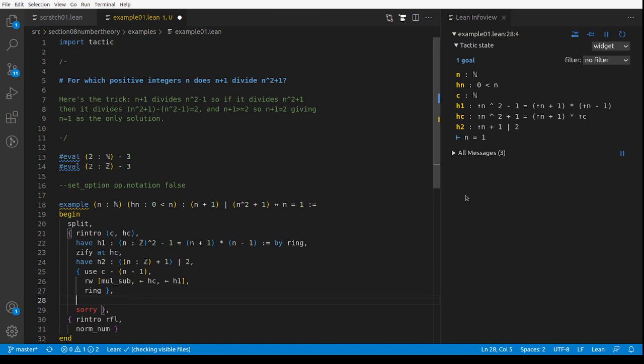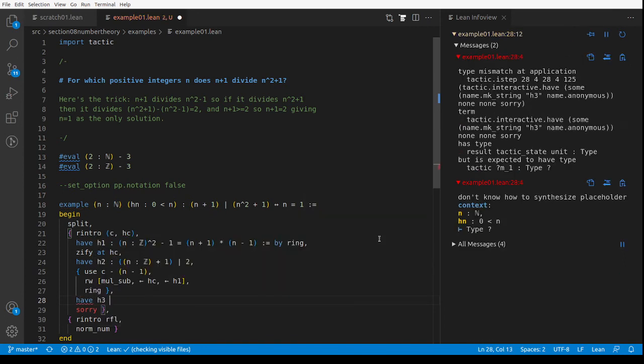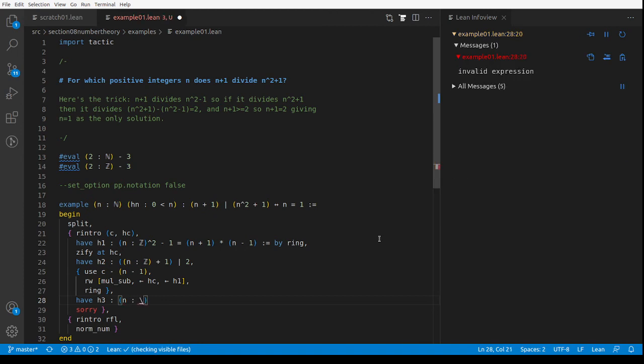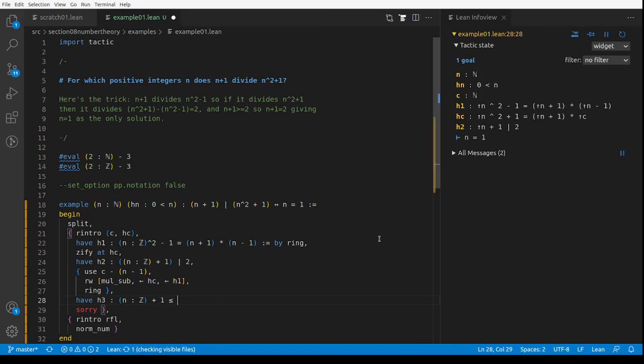So now we know that the integer n plus 1 divides 2, and so now I want to deduce that n plus 1 is less than or equal to 2, so have H3, the integer n plus 1 is less than or equal to 2.